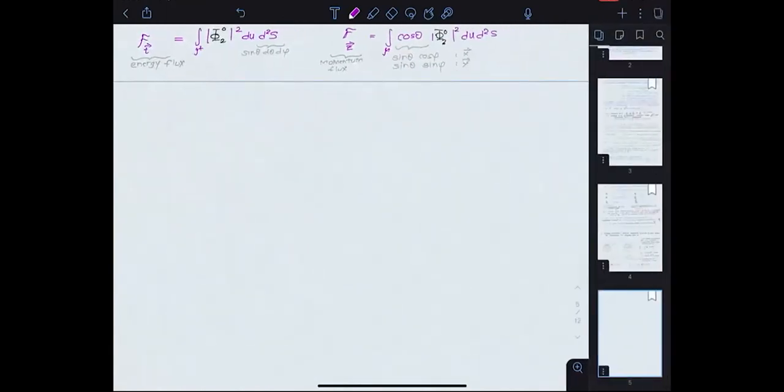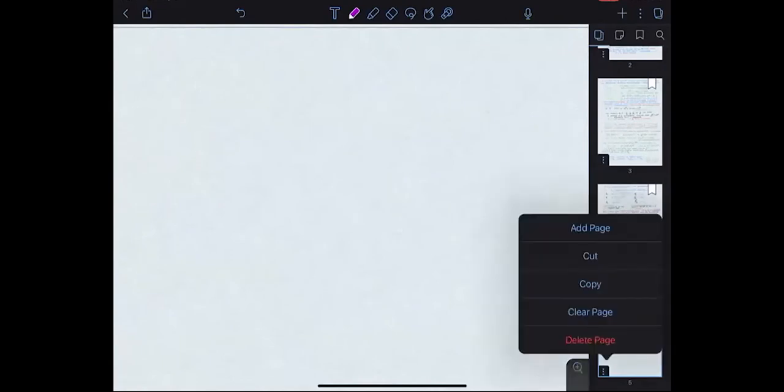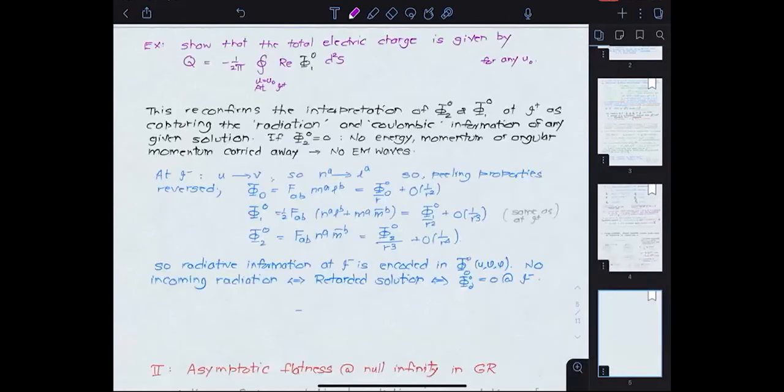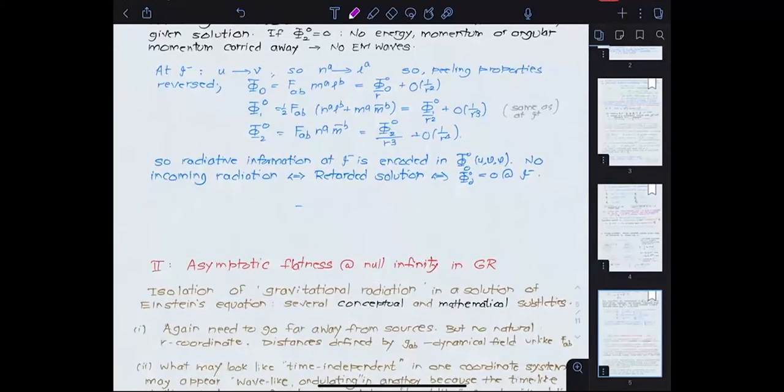And I hope that these slides will be available. What I'm going to do is to put one blank slide in case there are questions that I can answer here. But since there are no questions, I'm going to remove the slide. I hope these slides will be available to students over the weekend, so they can look at them and ask questions.